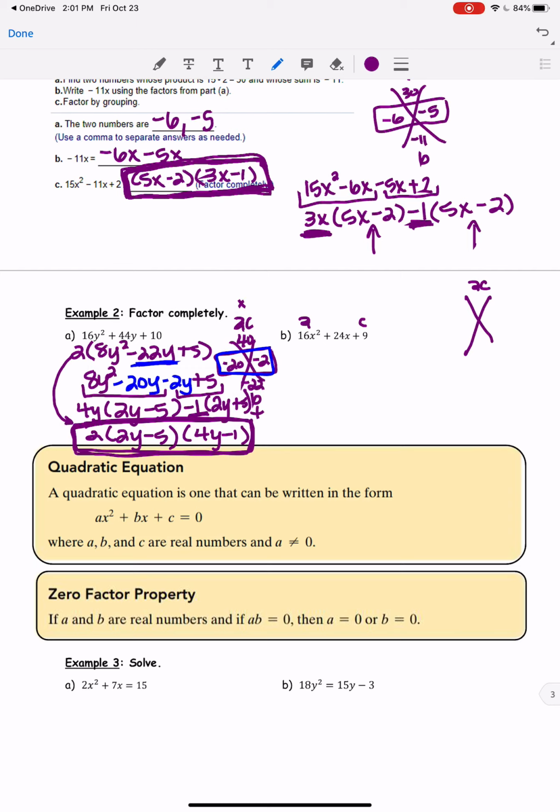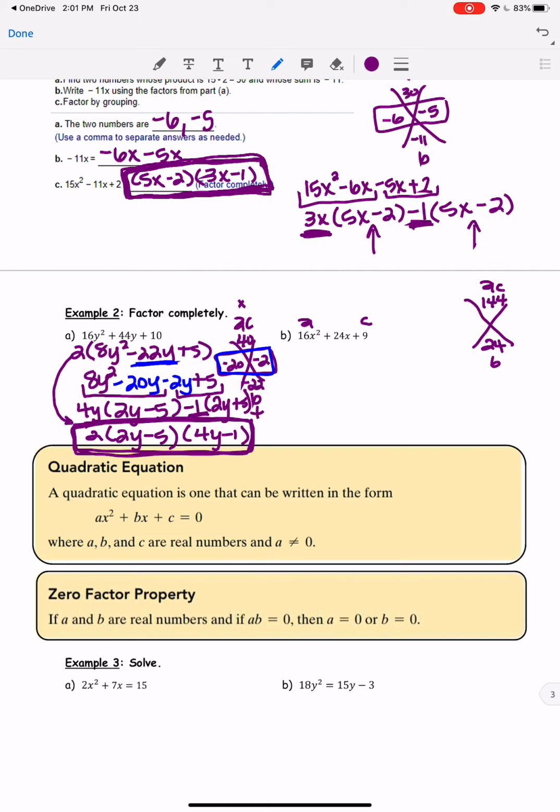Let me get out my calculator. You are going to have some big numbers on this assignment, so sorry ahead of time. And let me make this bigger. Okay, my A times C is 144. That's 16 times 9. My B term is 24.